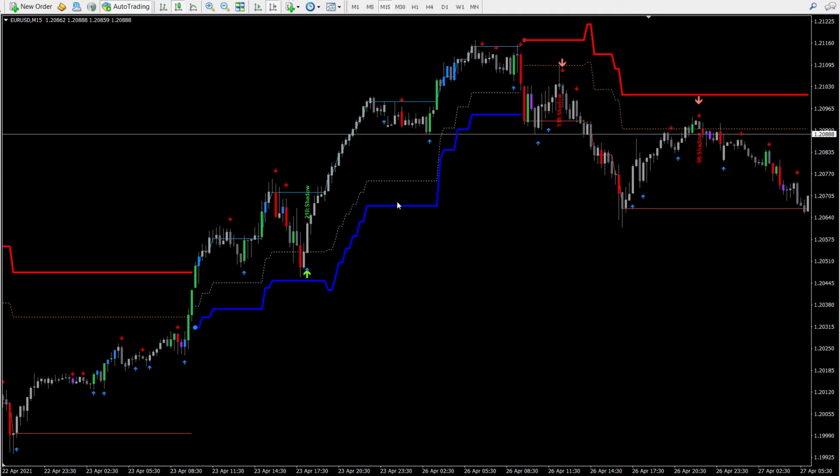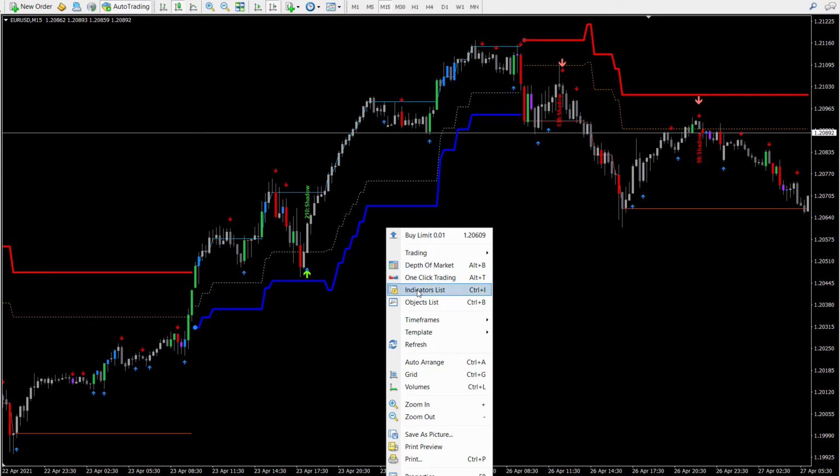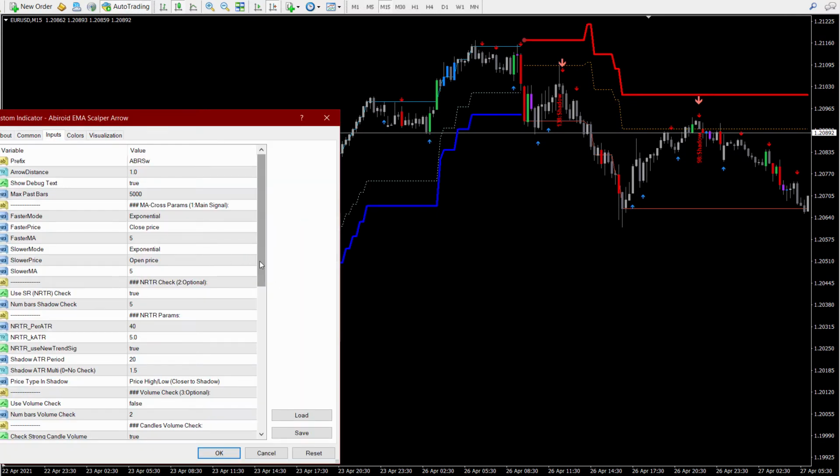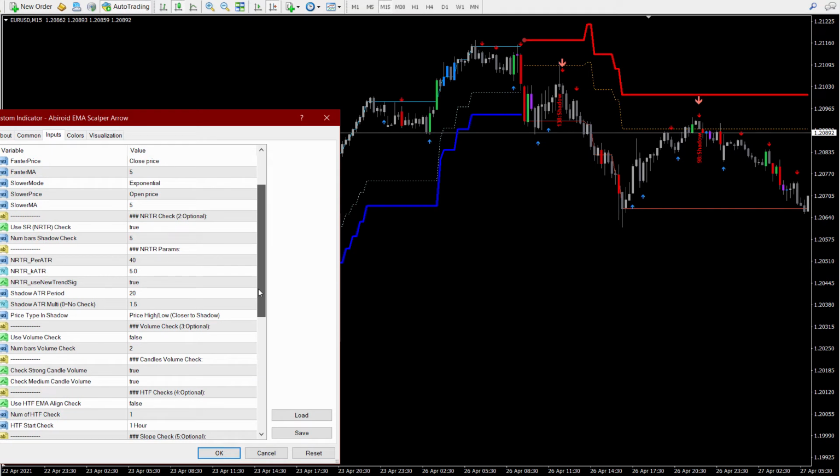The same way, if the faster MA has crossed the slower MA and during the signal bar the faster MA is above the slower MA, then that will be a good uptrend. And the same way, if the faster MA is below the slower MA, that would be a good downtrend. It will check the trend for the number of higher time frames that you set.